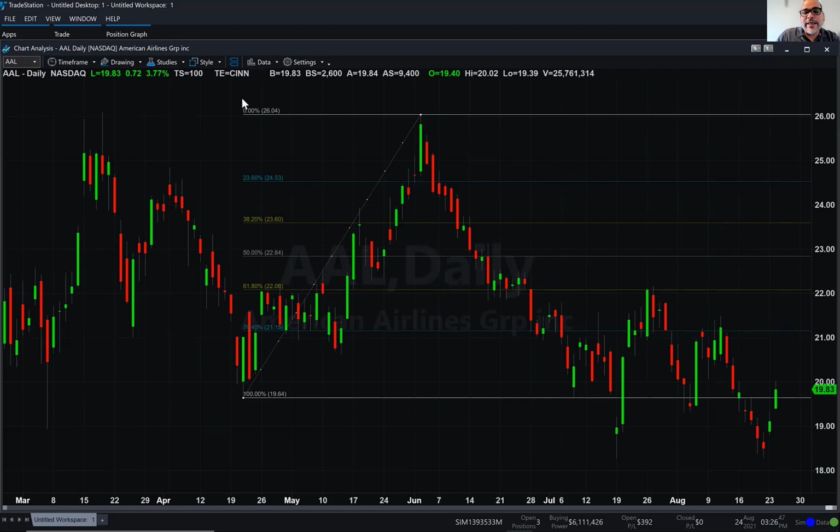Now take a look at the way that the percentages are assigned, because point A is assigned to 100% and point B is assigned to 0%. Why is it backwards? Should it be from 0 to 100? This one is from 100 to 0. Just remember that these are the Fibonacci retracement lines.